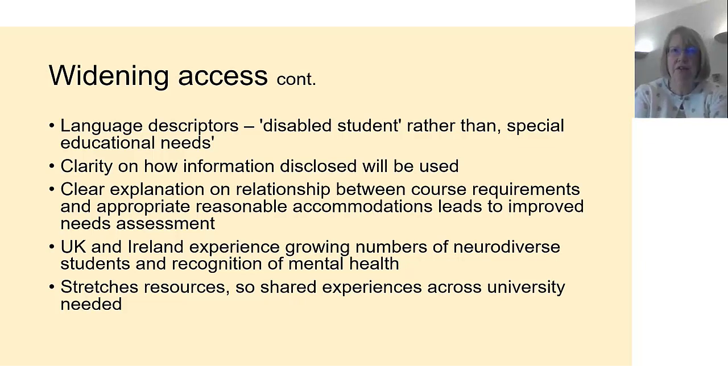And that will include the neurodiverse students, dyslexia, dyscalculia, autistic spectrum, Asperger's, and there's a range, and those with mental health conditions that are long-term, and when they're studying, they will always be supported by some kind of medical input during their whole life and during their time at university.